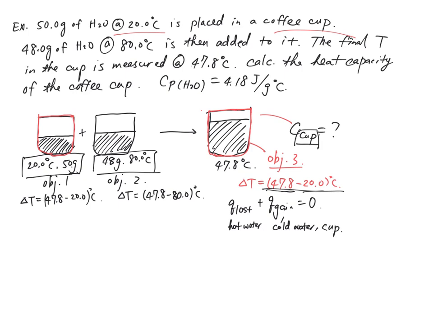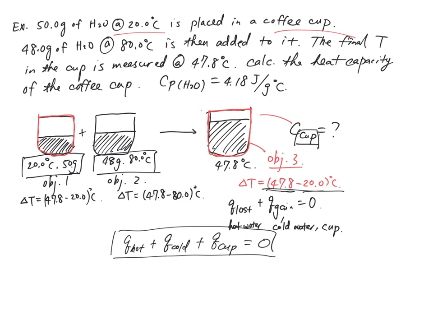So really, instead of writing Q loss plus Q gain equals 0, you can also write Q of the hot water plus Q of the cold water plus Q of the cup together equal to 0. Whether you have 3 objects, 4 objects, 120 objects, as long as you are in an isolated system, this equation stands: heat of everybody adds up to 0.